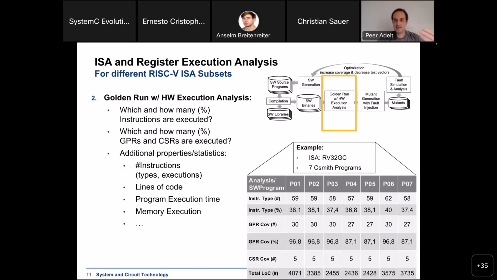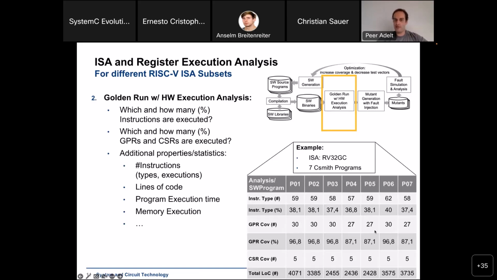So in this case, this example refers to RV32GC. The table shows you, for example, how many of the defined instructions are being covered by the different programs. For example, program 6 covers more different instructions than program 5. This is what you can see here.